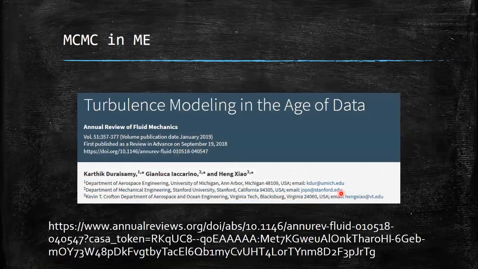And we also have another turbulence example. In this paper by Karthik Juraswamy from Michigan, we have numerical and experimental data which we use to model and reduce uncertainties of some proposed turbulence models. Since we don't have a closed form solution for turbulence, we usually try to come up with some model which closely agrees with the data that we have.